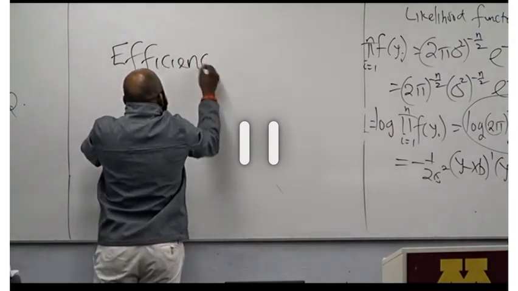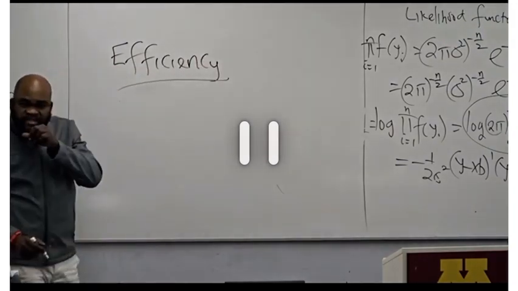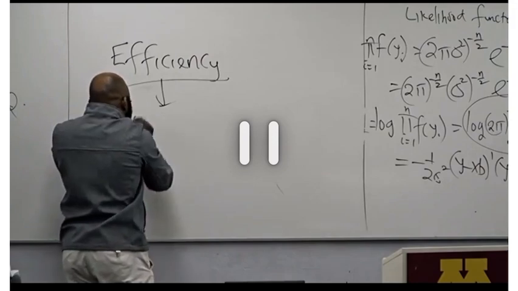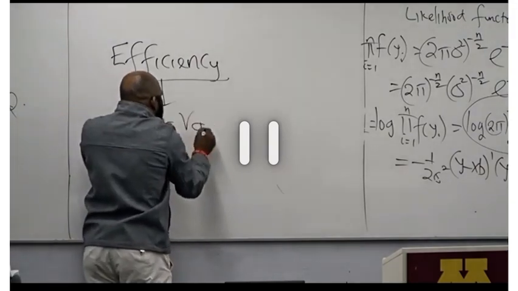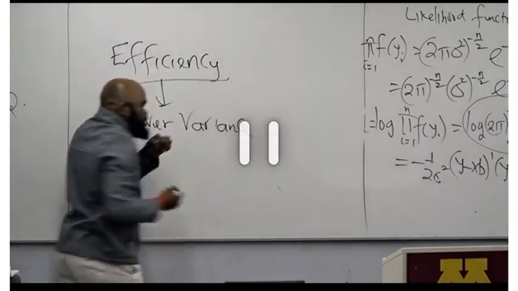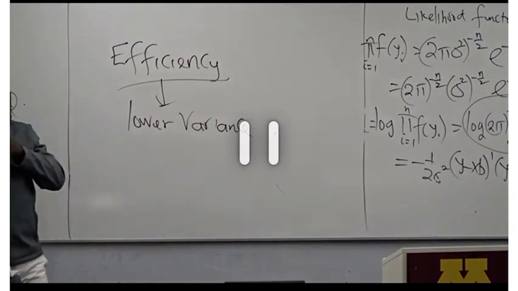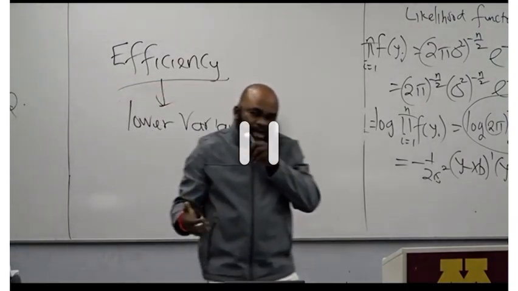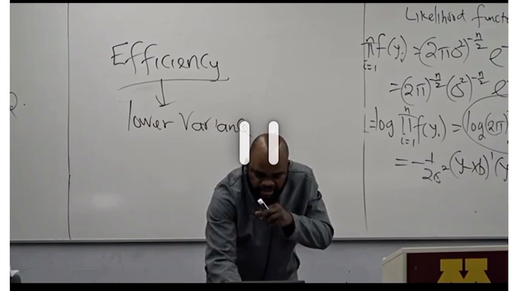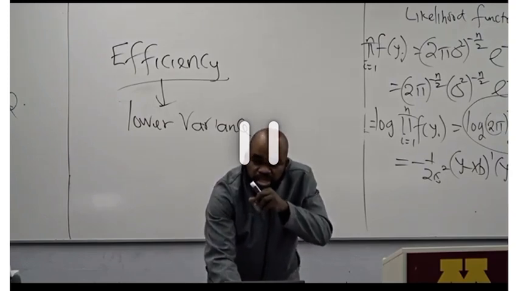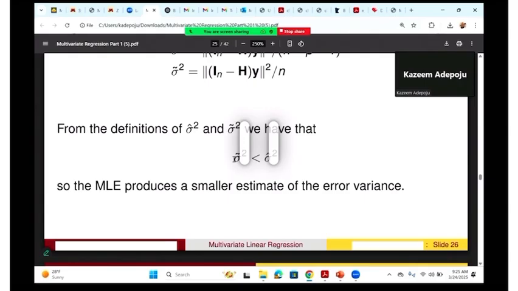Because of efficiency, and efficiency in statistics means lower variance, we can mathematically prove that the variance of the estimate from maximum likelihood estimation is less than that of the estimate derived from the sum of square residual.